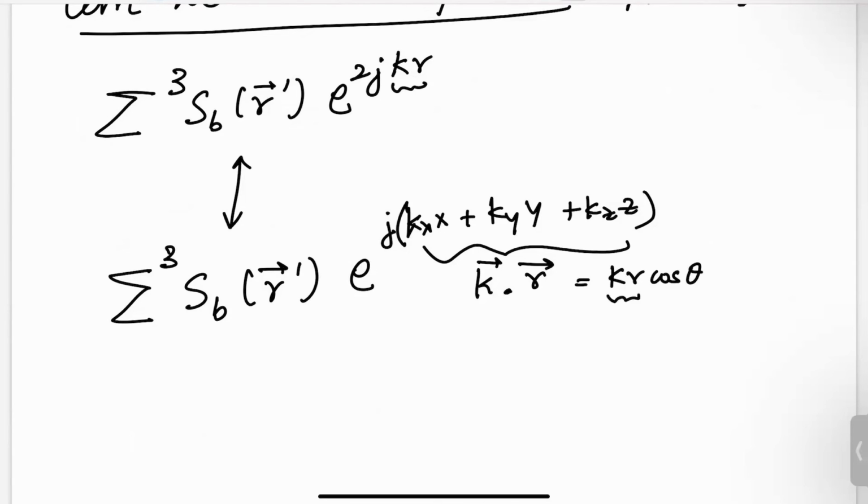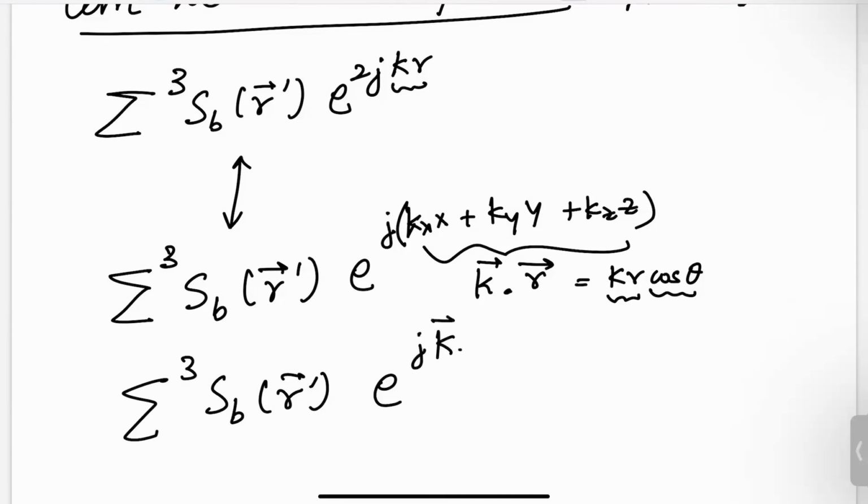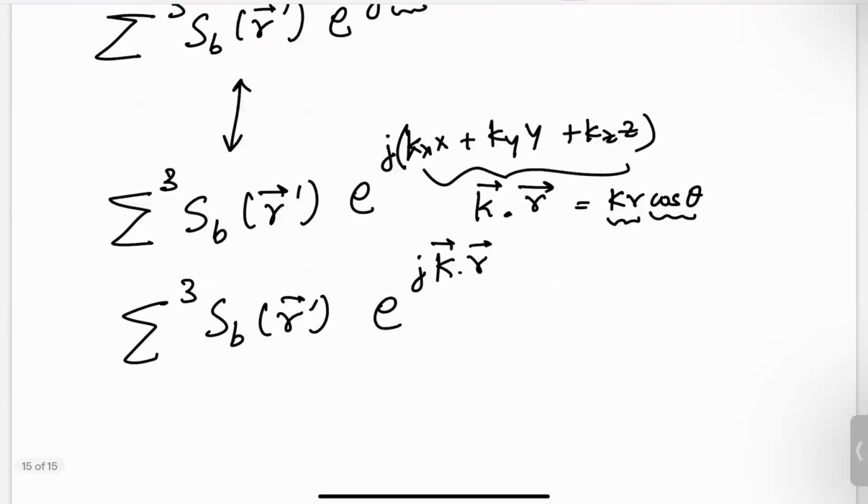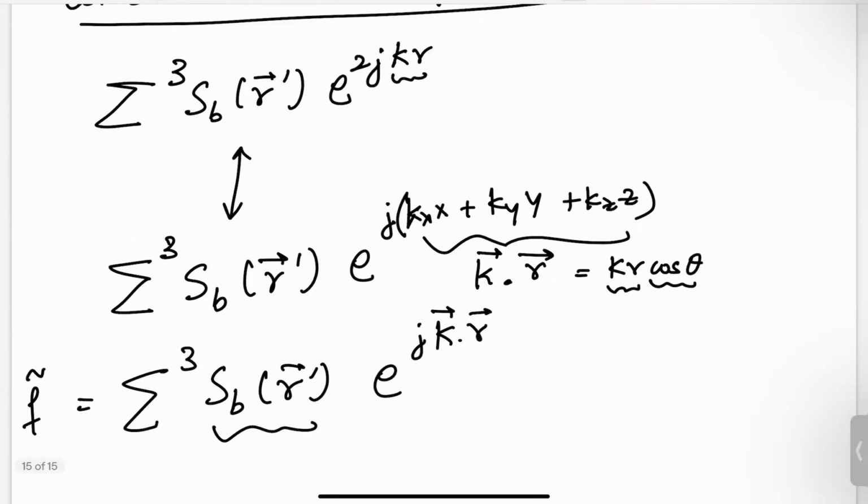If we only had this, but we don't have this part, right? So if you could write this triple summation as k dot r, that would be very nice, because this is essentially just a Fourier transform, right? So your f tilde would then be the Fourier transform of this, but we don't have that. We have it in this kr term, not the k dot r term.